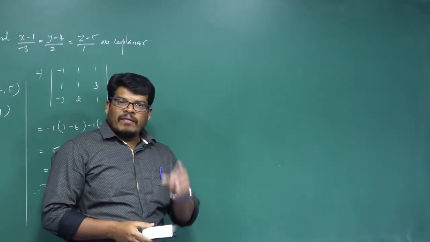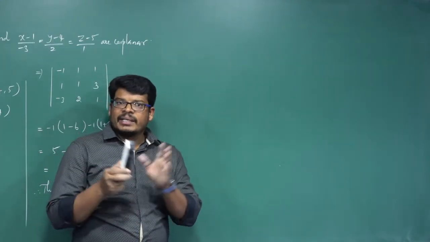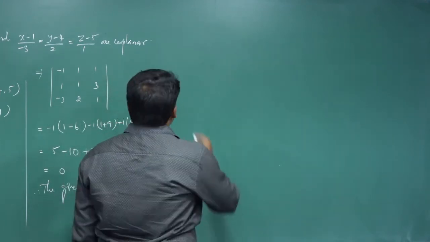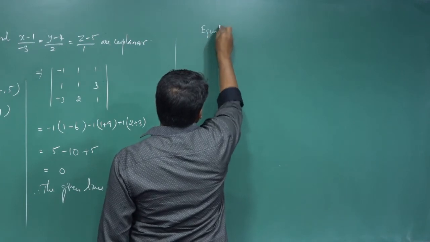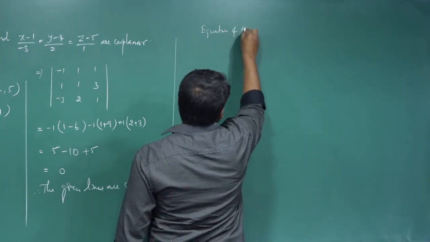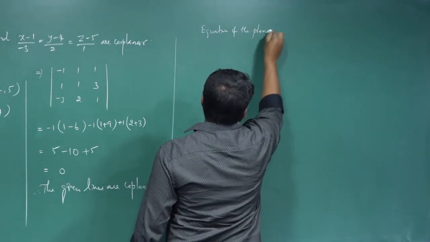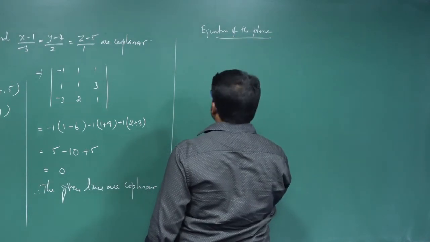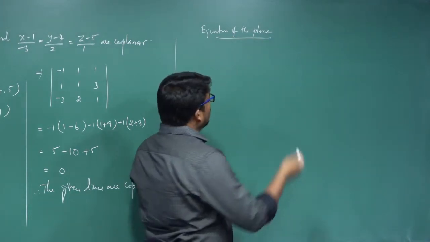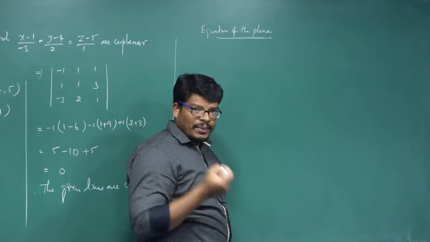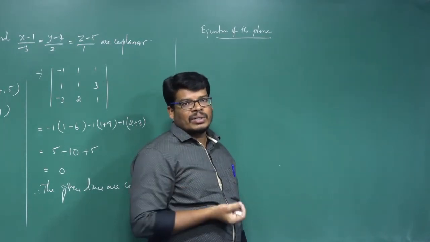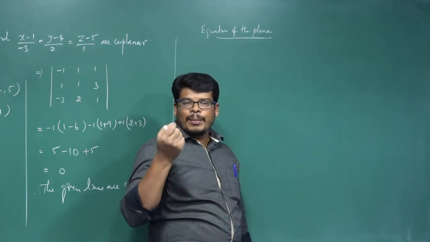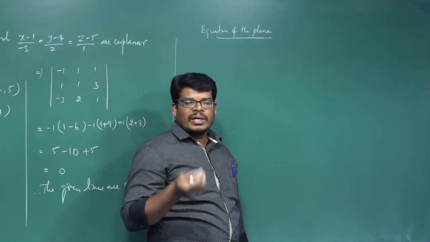Next, find the equation of the plane containing these two lines. Now take any one of the points x1, y1, z1, and the parallel directions L1, M1, N1 and L2, M2, N2.